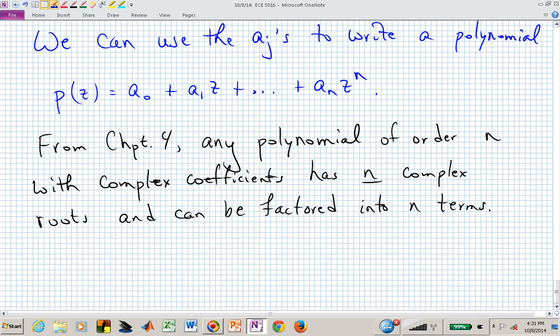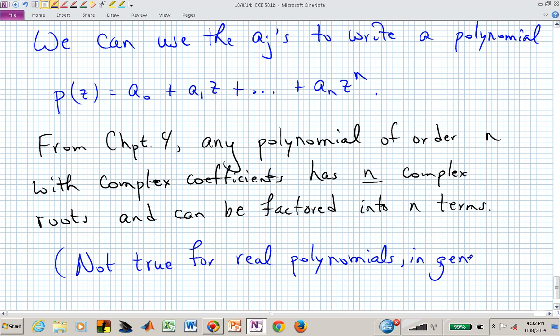You can contrast that actually with respect to a polynomial with real coefficients on the real number line. So this is not true in general for real polynomials in general.